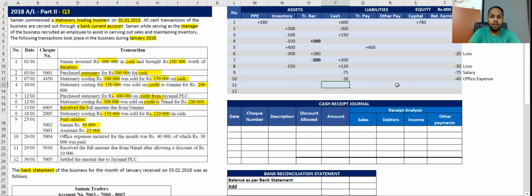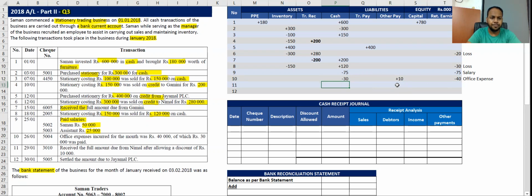So 30,000 cash will decrease because cash payment is 30. And another 10,000 is payable. That will increase the other payables. Total expense will reduce the retained earnings.